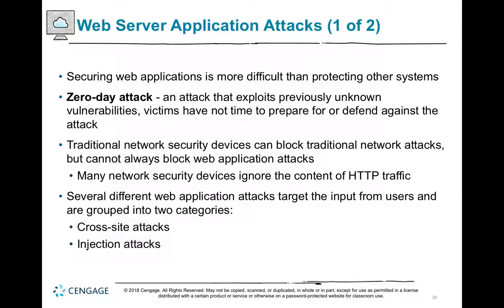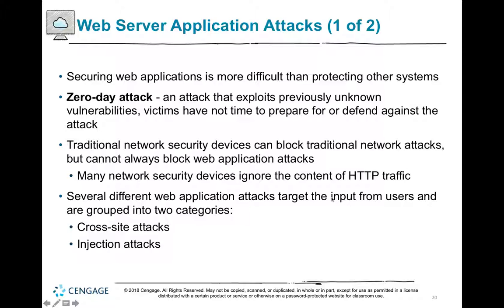We'll get into DMZ and architecture later, but there are other ways you can segment so that you can ensure your systems that aren't meant to be accessed from the internet are not. But in this case, we're talking about traditional security devices.